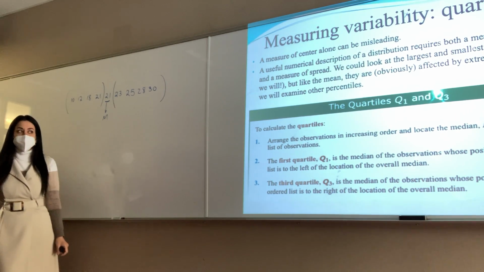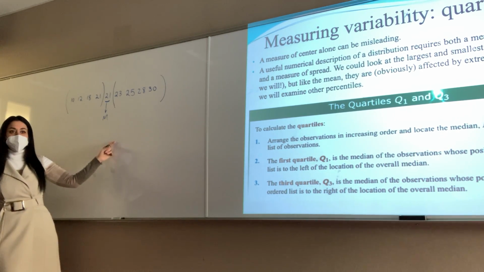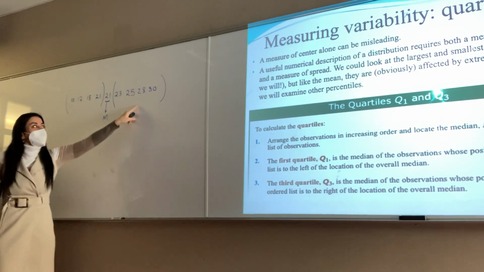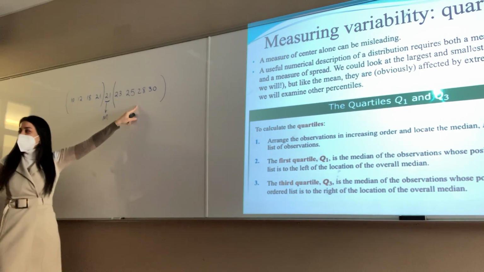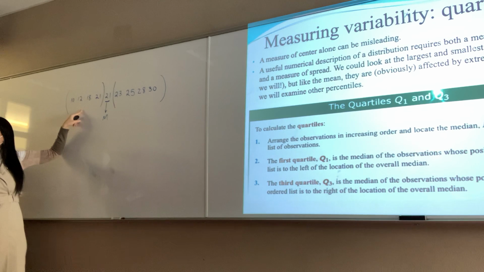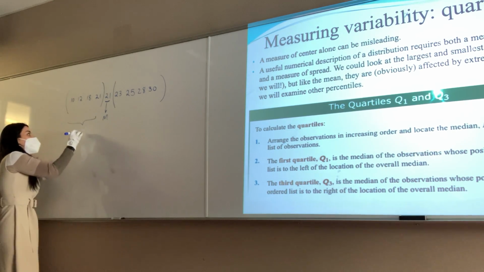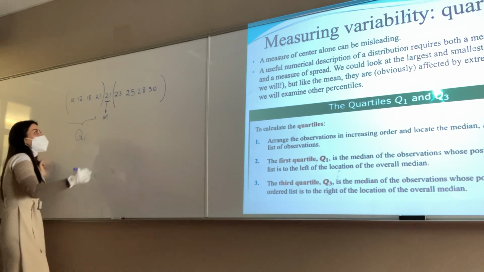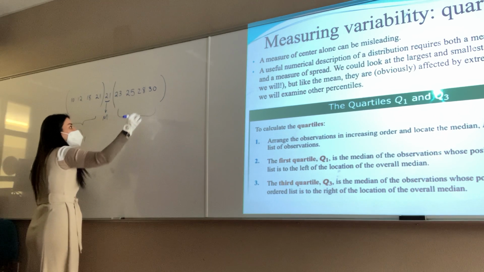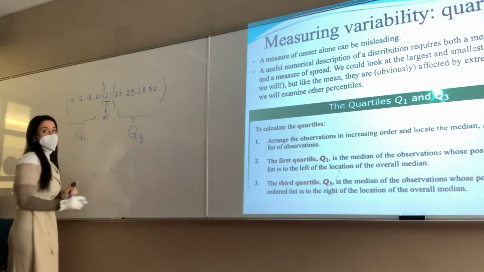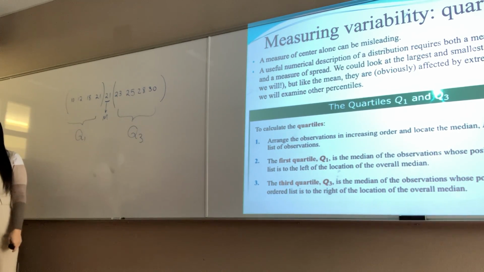You just must follow the steps, and then find a midpoint for this data set, and find a midpoint for this data set. Then you will call the midpoint for this one Q1, and the midpoint for this one Q3. That's it.